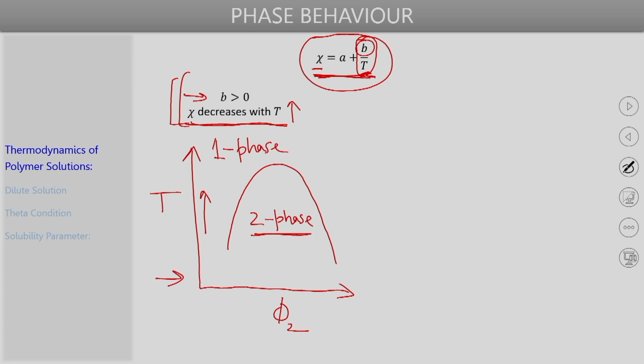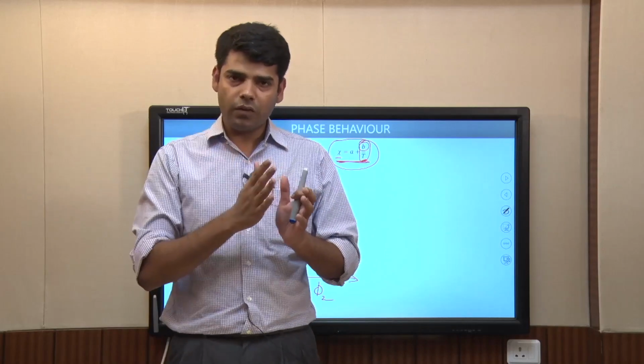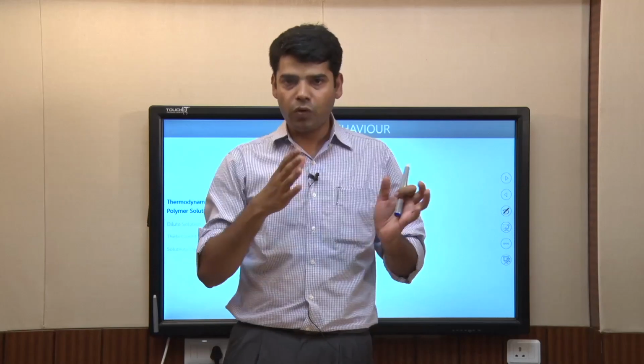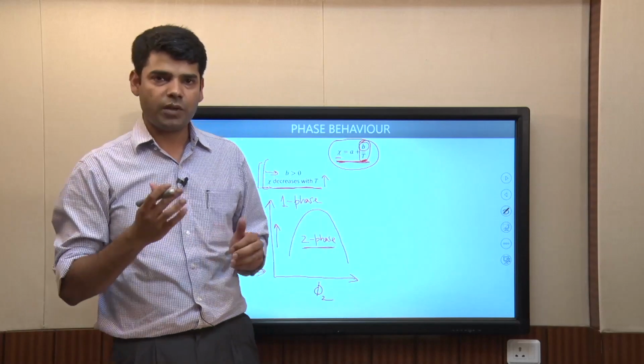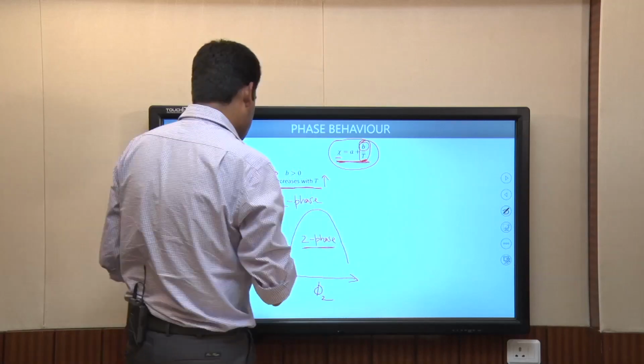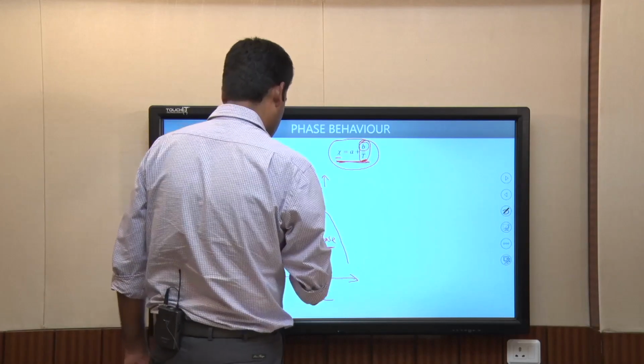So, the lower the value of the chi parameter becomes, the more favorable the mixing will become. Okay. So, we saw earlier that if the chi parameter is below half, then the lower the chi parameter value becomes, the more negative the excess chemical potential difference becomes and more favorable mixing will become. So, as temperature is increasing, chi is decreasing, so that is basically favoring mixing.